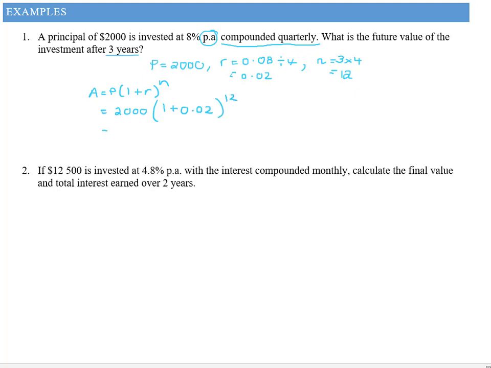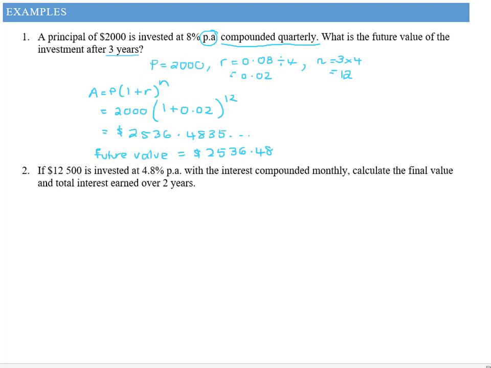And then I can pick up my calculator, and my calculator gives me an answer of 2536.4835, etc. And so my future value, and now we need to round off to 2 decimal places, because every time that I deal with money, I need to have my answer to 2 decimal places. And there is the answer to the question. So let's have a look at the next one.